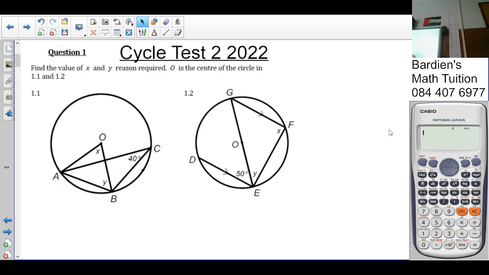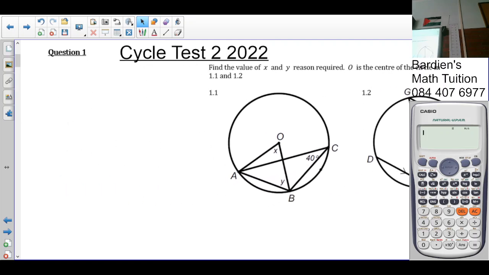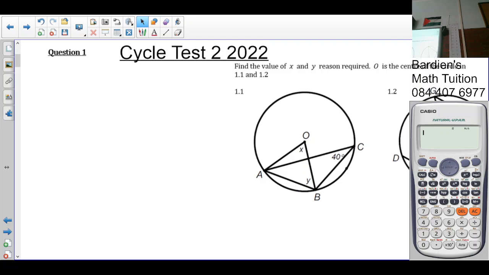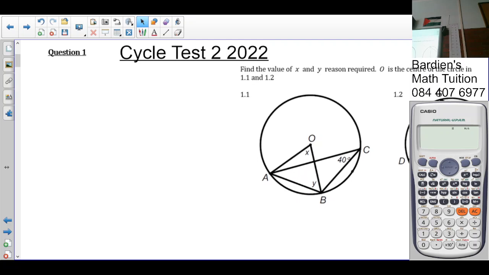Now looking at 1.1, let's pull this over. In question 1.1, if you look at this circle here, what do you see? Angle at center is twice angle at circumference. So x is equal to 40 degrees.